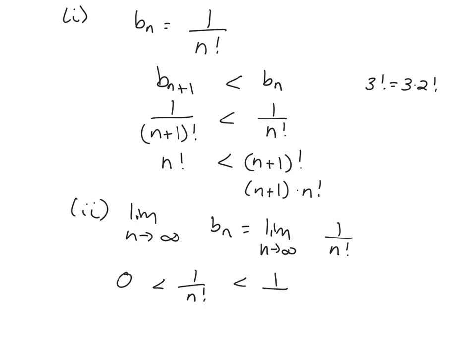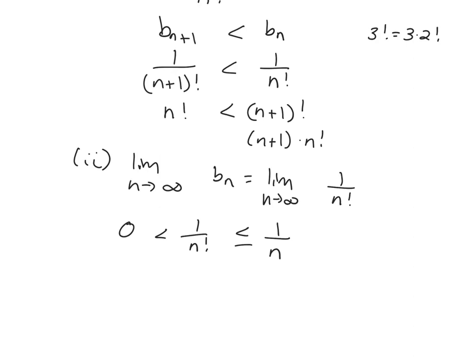Less than 1 over n. Remember, with the squeeze theorem, you need the limits of the two end pieces to be the same. So I need a limit of 0 on the other side. Because n factorial is n times n minus 1 times n minus 2, right? So 1 over n factorial, I guess for n equals 1 they could be equal, so I should put less than or equal to. So in general, the one with the factorial has the larger denominator, so it gives me the smaller number. Okay.